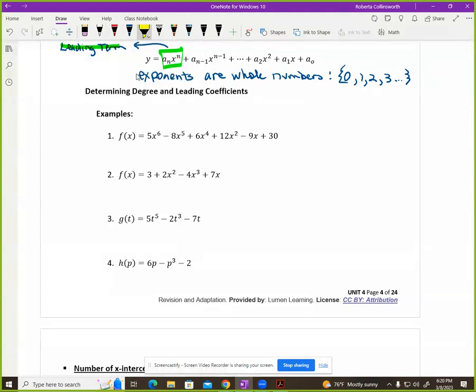This coefficient right here that's attached to that x value, that's our leading coefficient.